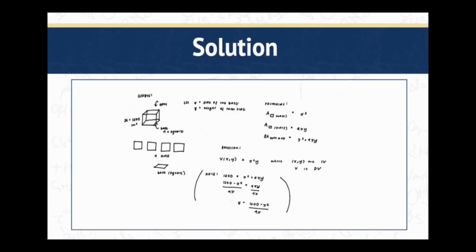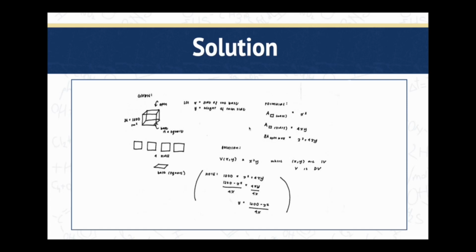So I drew here our given, which is a box, and we have a square base and the top is open. Let x be the side of the base and let y be the height of each side.